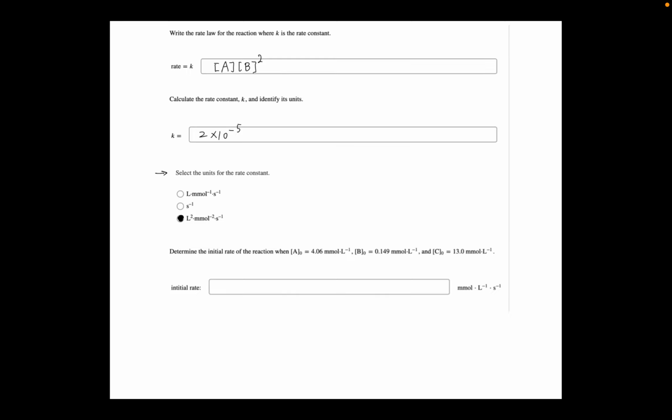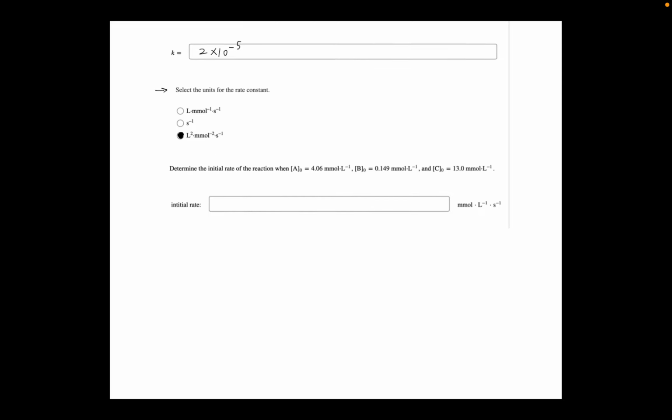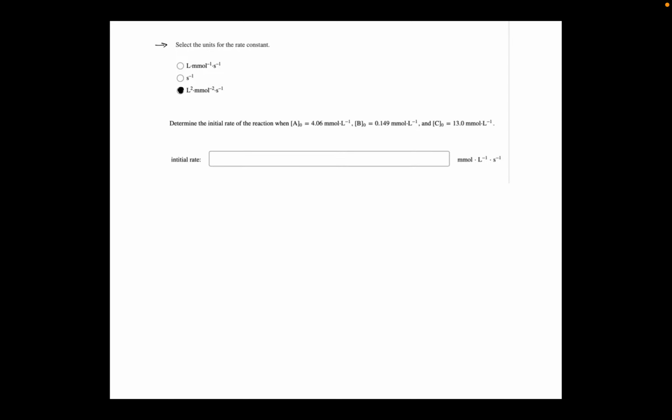Okay, so for the last question, we want to calculate the initial rate of the reaction when the concentrations of A, B, and C are given. How do we do that? We just plug in the numbers. We know that the initial rate equals k times A times concentration of B squared.